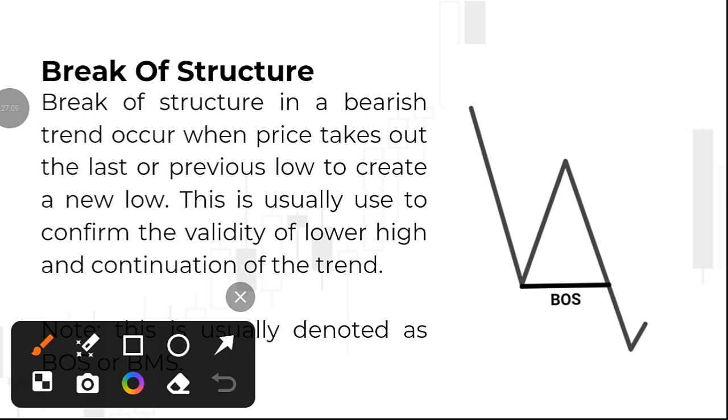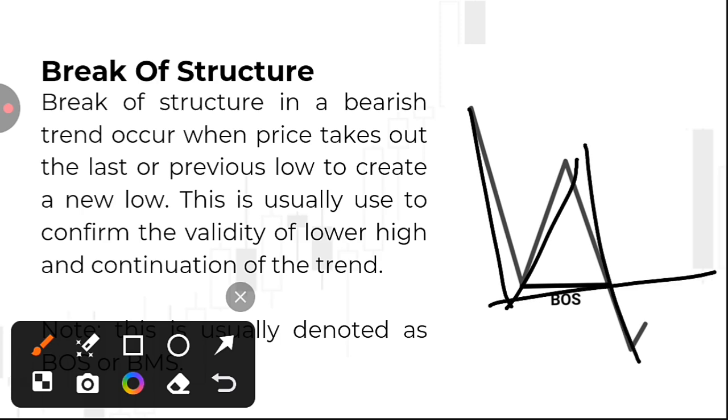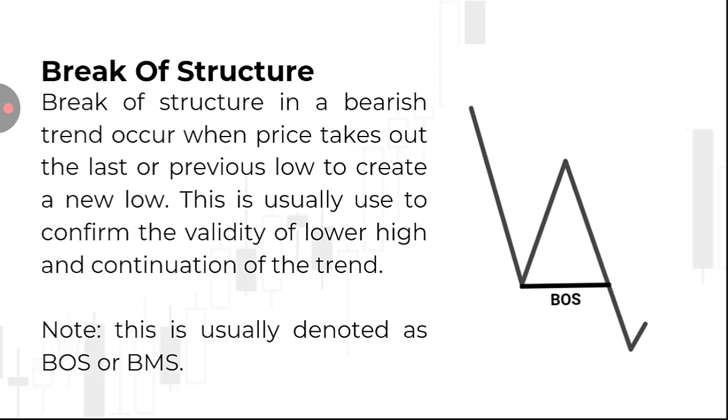When price takes out this old low right here, what we have is a break of structure. This also signals continuation of the downward movement. So you expect a little pushback into this premium level, then you expect a sell-off from there. This is simply used to confirm the continuation of the bearish trend and also the validity of a lower high.